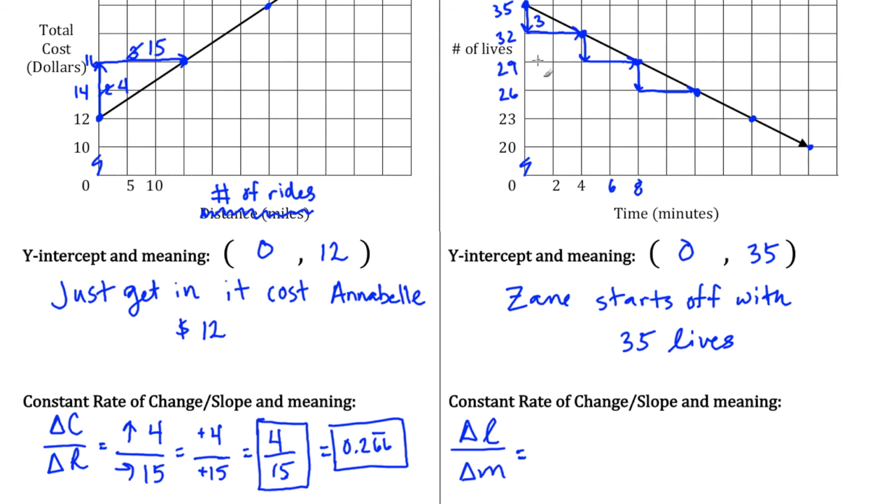And this is right 2 spaces, but it's worth 4. So down 3, right 4. Down 3 is negative 3, right 4 is positive 4. A negative over positive is a negative 3 over 4, which I know is negative 0.75.